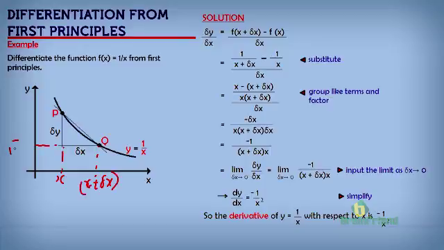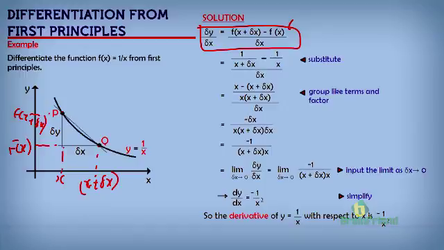Here we would have our point f of x, and here on our y-axis we have a point f of x plus delta x. And of course, that brings us to our fundamental formula of differentiation from first principles. So we have our slope, f of x plus delta x minus f of x all over dx as our formula.